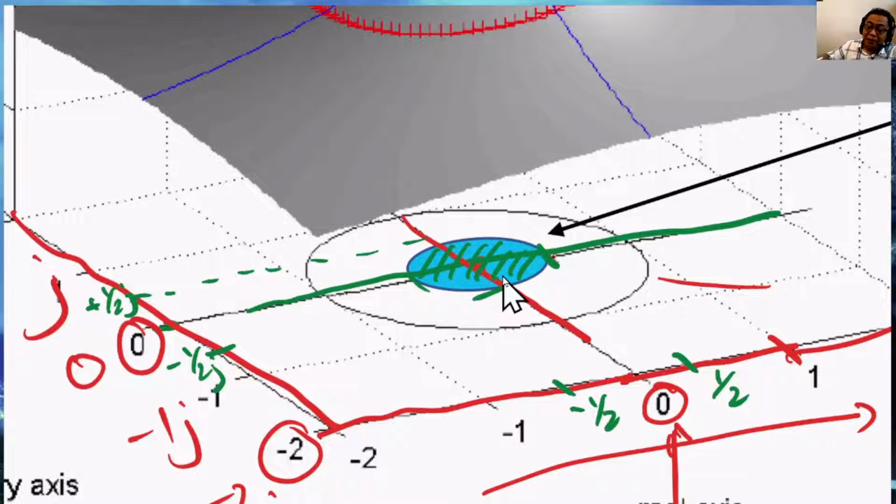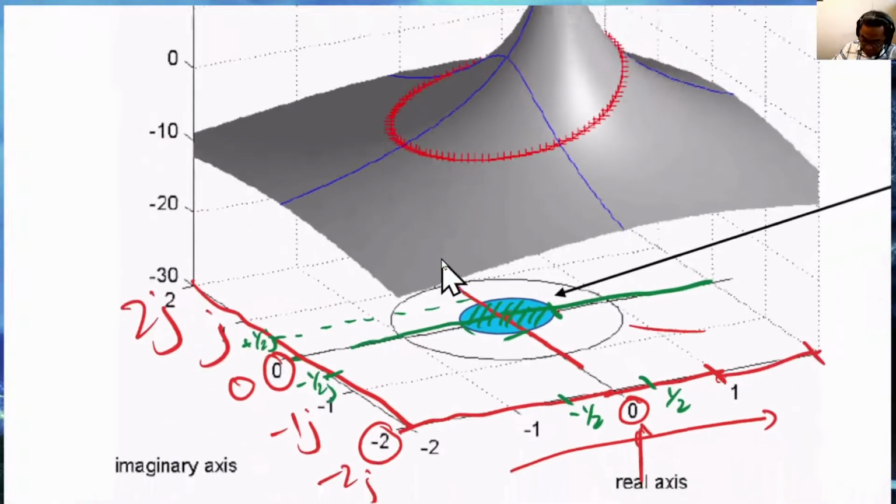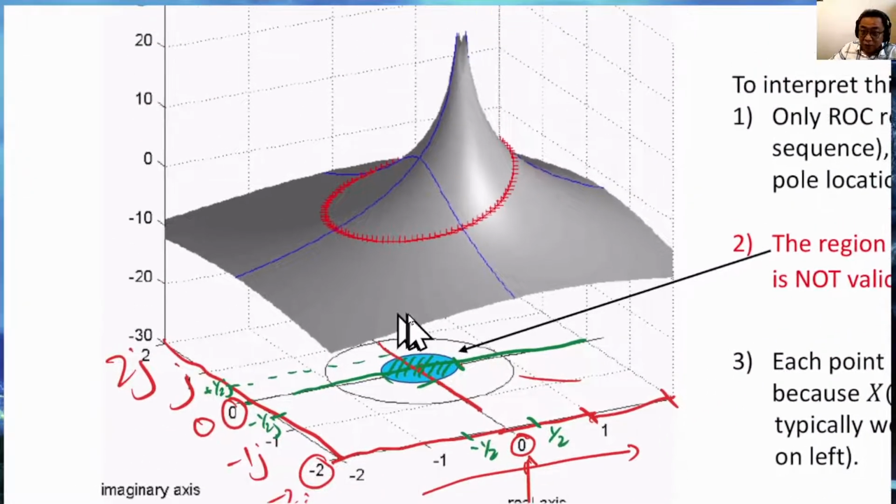Remember we said that the absolute value of z must be greater than half. So any values in this surface inside the circle are invalid. We should actually throw some of these away. These guys are all invalid. Only the surface outside this half circle is the valid region.